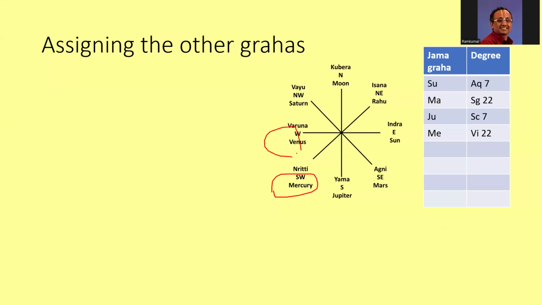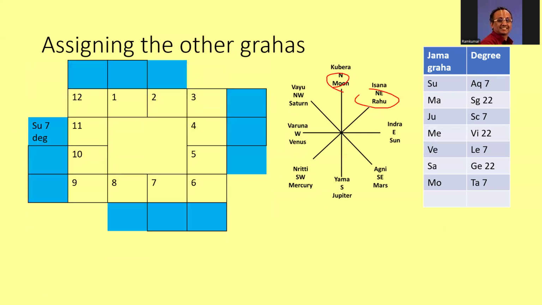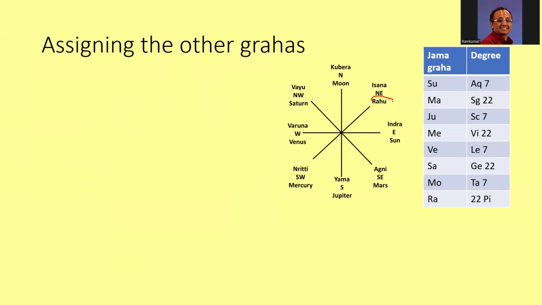Venus minus 45 will give you Saturn. Saturn minus 45 will give you Moon. Moon minus 45 will give you Rahu. Rahu minus 45 should give you what? Sun. So you do that calculation. Dhanur 22 degrees minus 45 degrees, is it Aquarius 7 degrees? Yes, correct. So then your maths is correct.